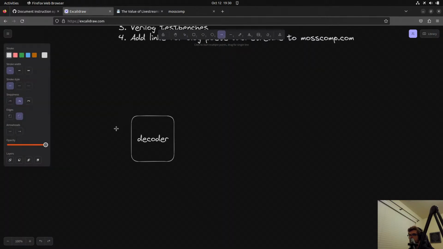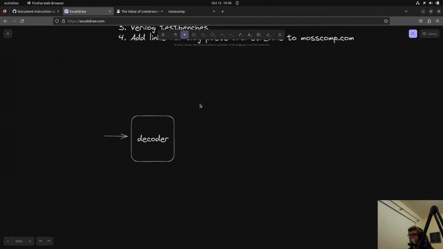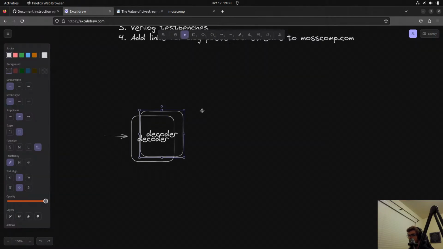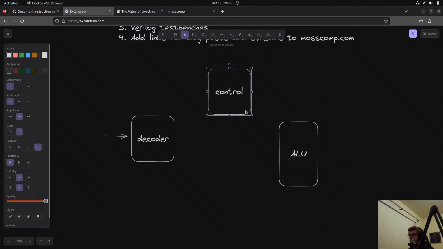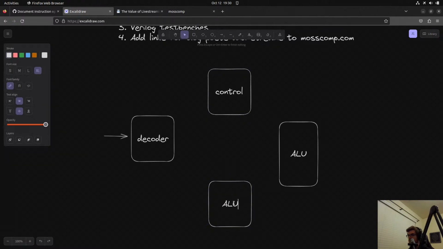The instruction is coming in, and then out of here we have our control signals. Over here we have our ALU, and over here we have our ALU control.